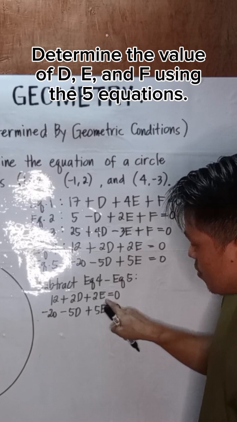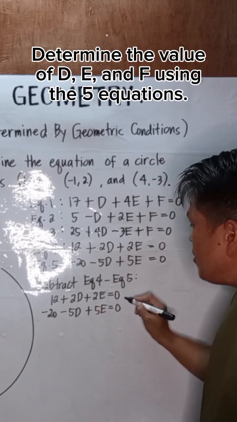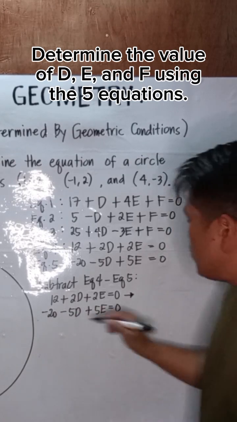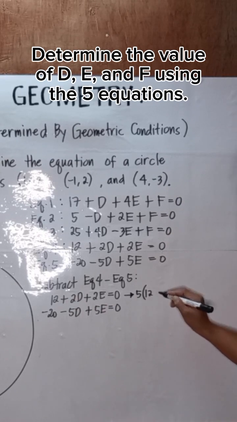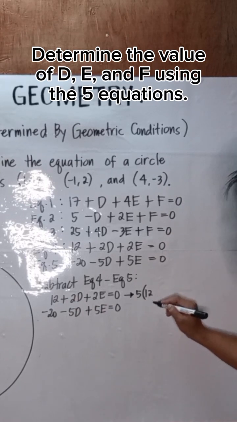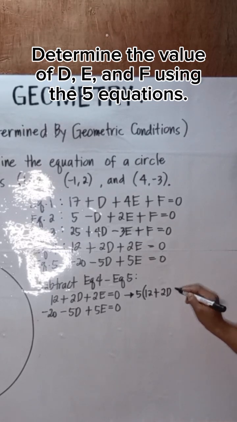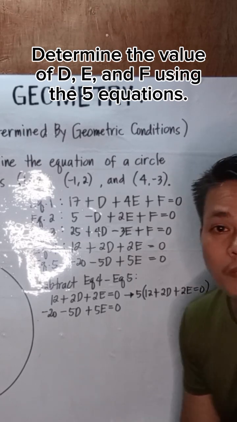So, itong part na to, para maging positive 10 ang E, ay i-multiply natin siya sa 5. So, yung buong equation 4 natin, multiply natin sa 5. So, 5 times the quantity of 12 plus 2D plus 2E is equal to 0.